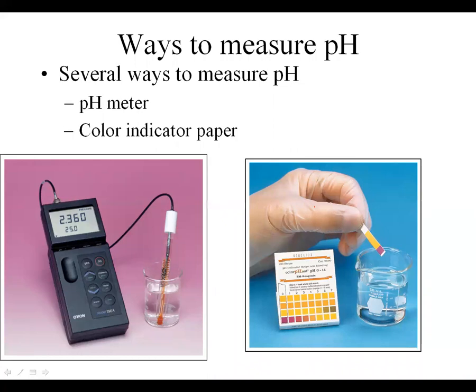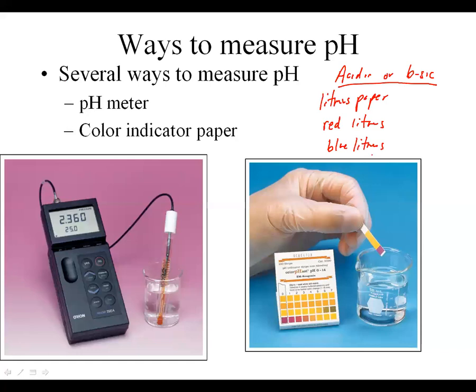Ways that you can figure out whether or not a solution is acidic or basic, not really measuring pH, but you can use litmus paper. And usually there's red litmus paper and there's blue litmus paper.